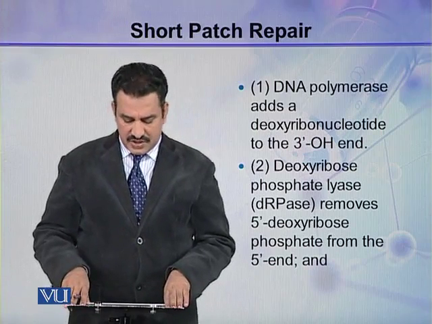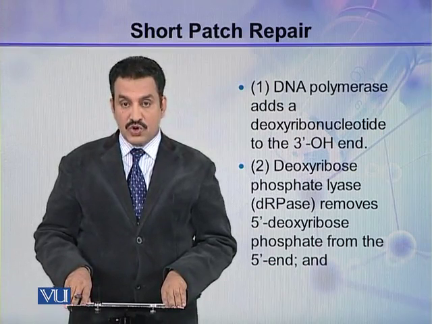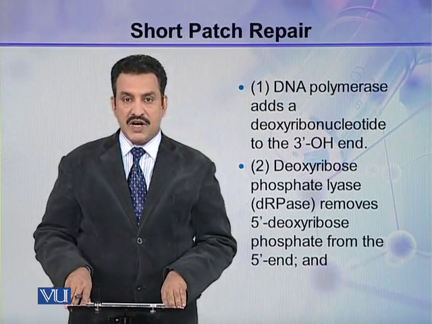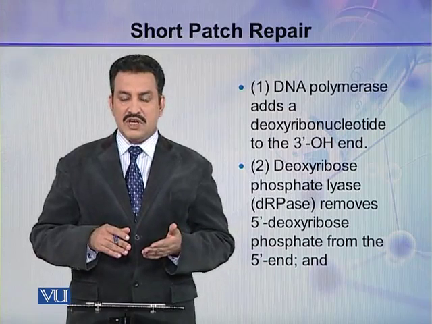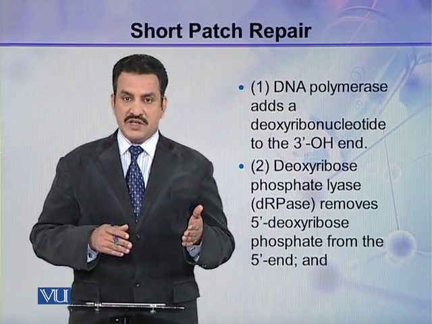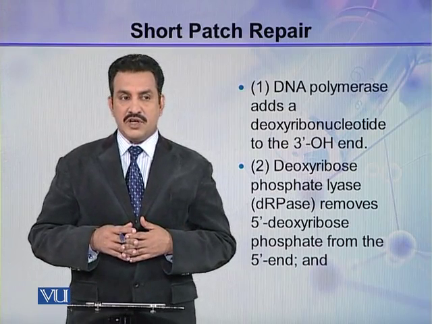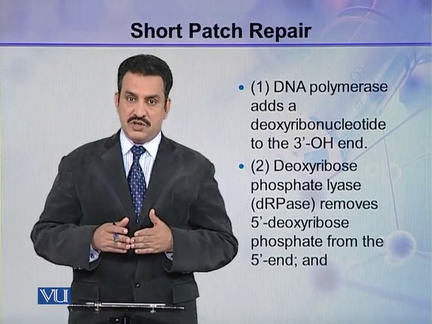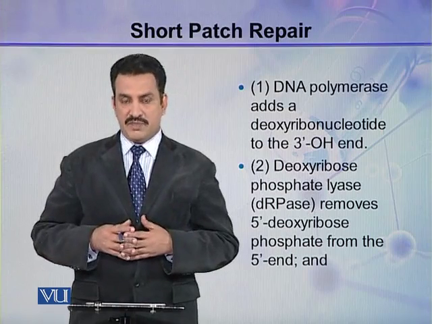So in the first reaction, DNA polymerase adds a deoxyribonucleotide to the 3' hydroxyl group. So this DNA polymerase can add nucleotides only to the 3' end. As you learnt during DNA replication, it can add new nucleotides only to the 3' end.